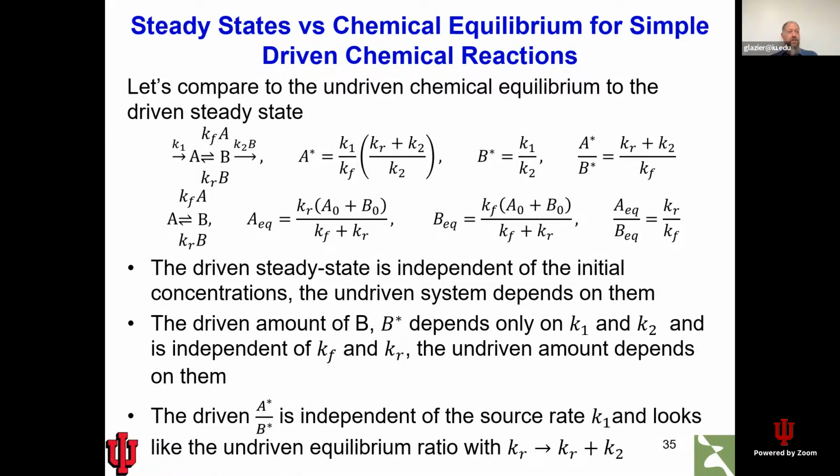In the case of the driven system, the amount of B that I wind up with depends only on the source and the sink. It doesn't depend on KF and KR. In the equilibrated one, everything depends on KF and KR. It can't depend on K1 and K2 because they don't exist. They're not there.